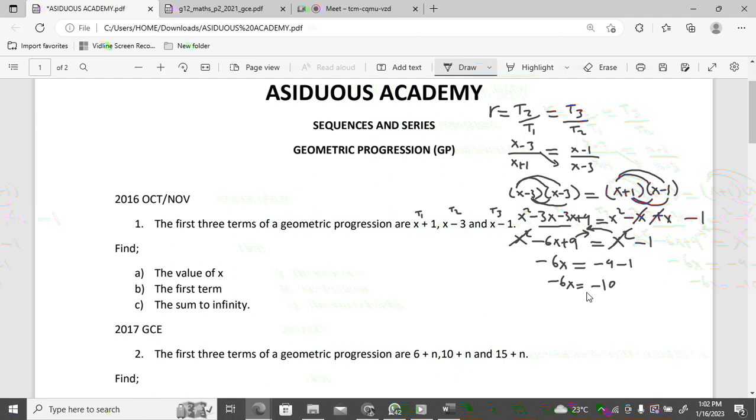Divide both sides by negative 6 to remain with x. So x therefore, a 2 goes into 10 to give us 5, and a 2 into 6 gives us 3. So this is going to be the value for x.